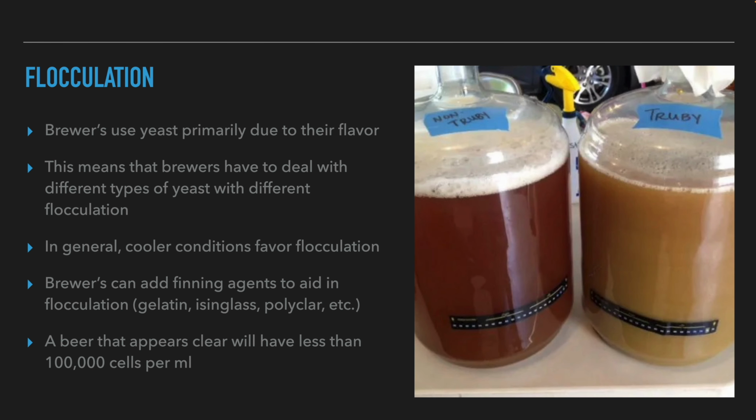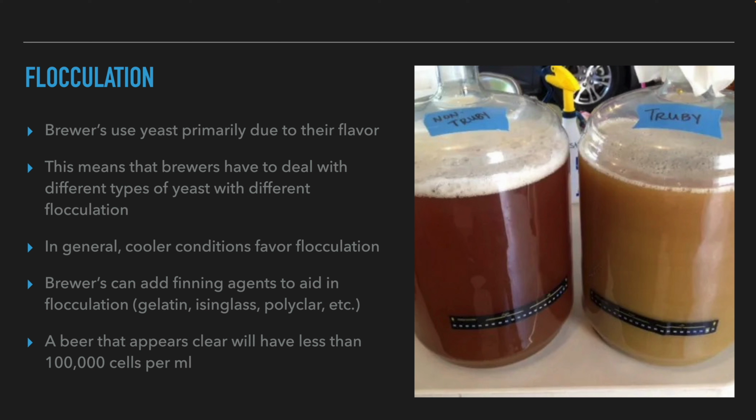The next topic to talk about at the end of fermentation is flocculation. Brewers in most cases choose the strain of the yeast that they will use mainly based on its flavor and aroma. This means that brewers will also have to deal with strains with different flocculation. As a rule of thumb, colder conditions at the end of fermentation will encourage flocculation and sedimentation, resulting in a clearer beer.